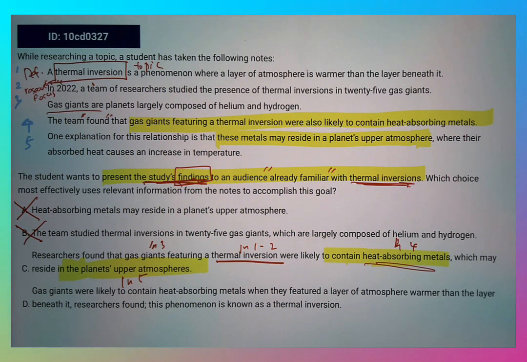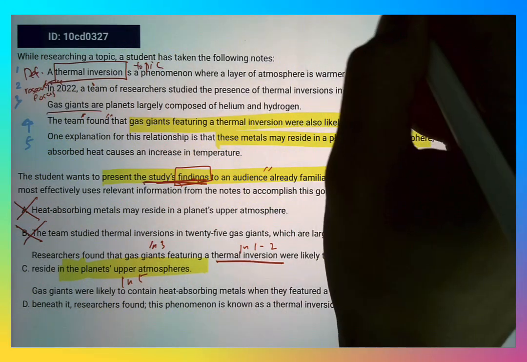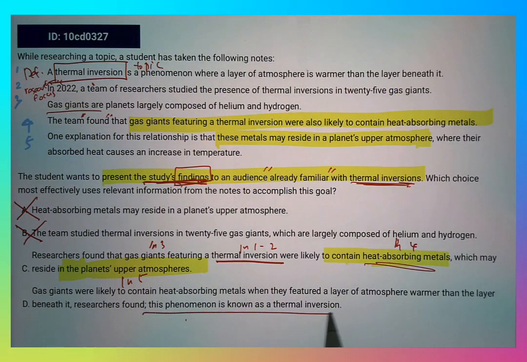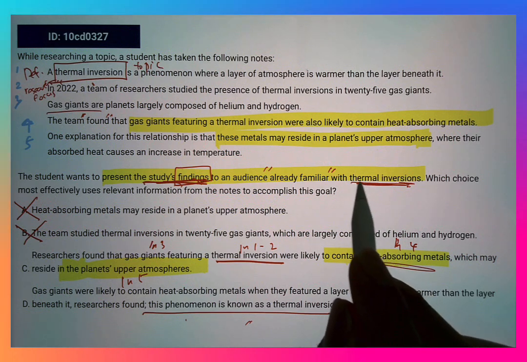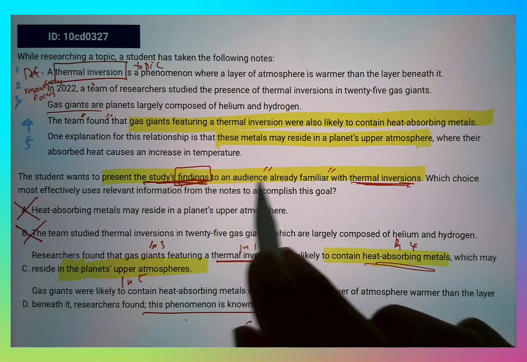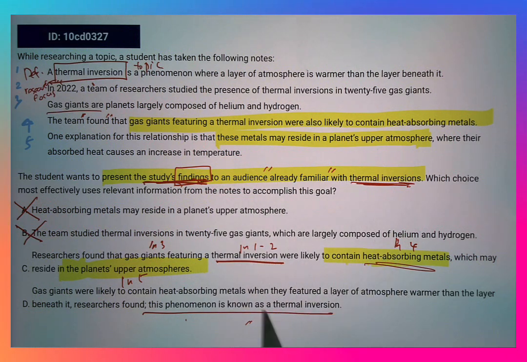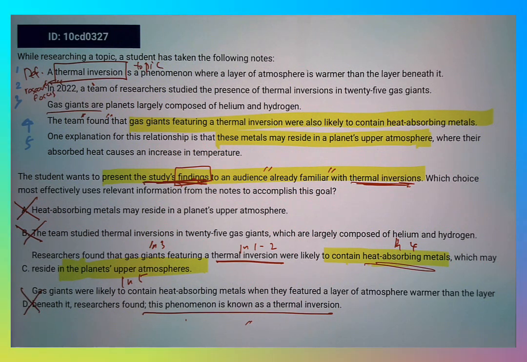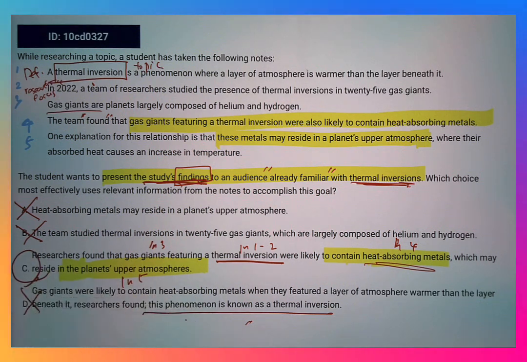So it's talking about what thermal inversion is, this phenomenon. So that's against the question's direction. It said to an audience already familiar, and then suddenly you talk about what thermal inversion is. So that defies it, so you can eliminate choice D. Therefore, the correct answer should be C.